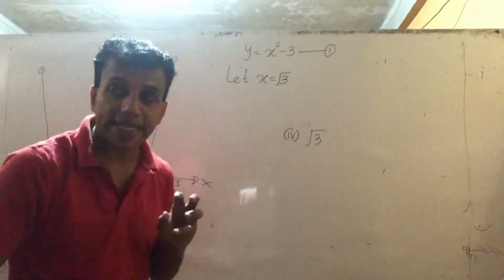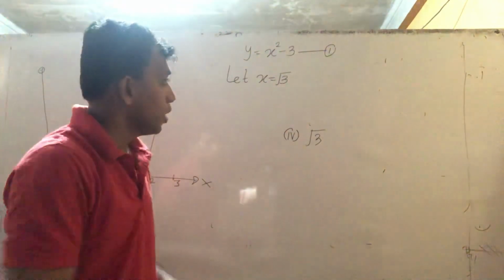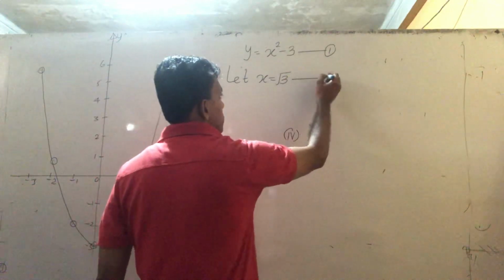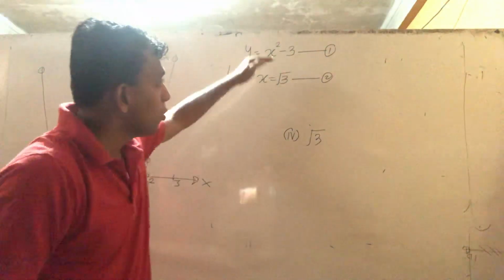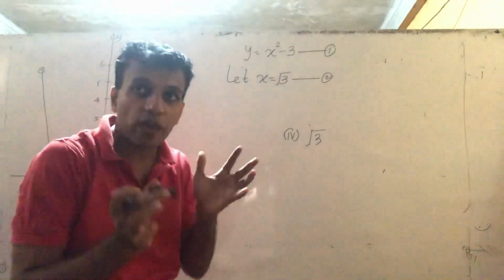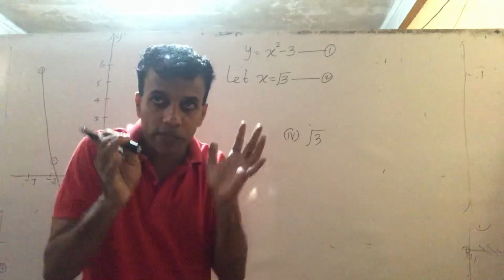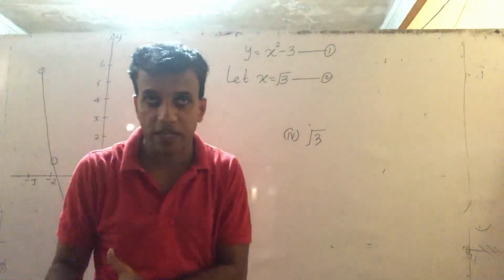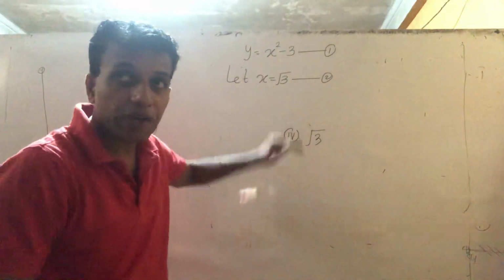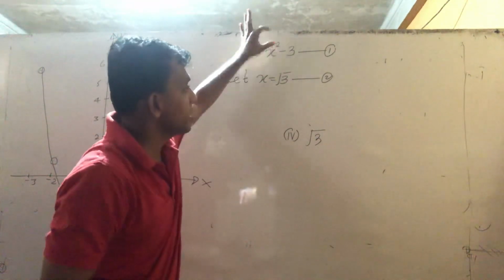Now I say that is the second equation, right? Now the idea is, using these two equations, remove the x square. I am showing this as the grade 10 method; in grade 11 we use some different ideas, right? So the idea here is to remove the x square. So that is substitution, put x equal to root 3 here.